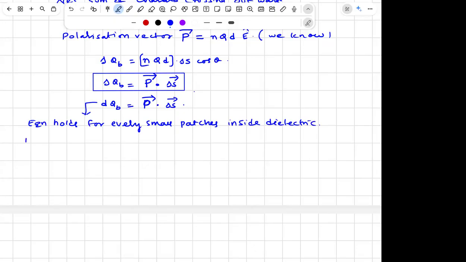So to find, remember this term I am writing, the net charge that flows out of a closed surface.